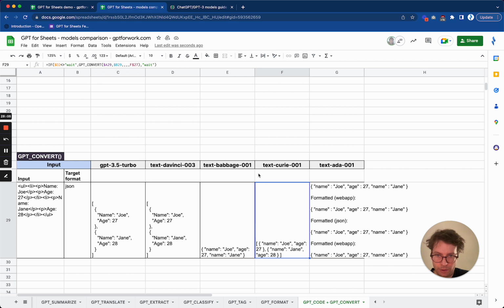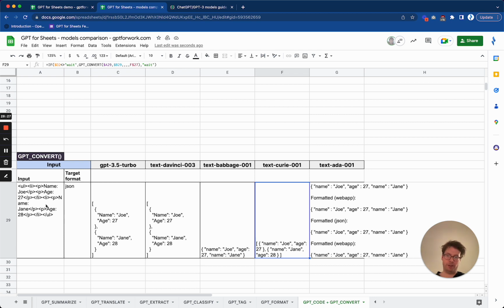Curie, I don't know why this is Babbage, by the way. It should be Curie in this position. But anyway, Curie got it right. It's just not very well formatted. The format is not very readable, but the result is correct. And Ada didn't get it right at all. So I guess you could use Curie for this case.